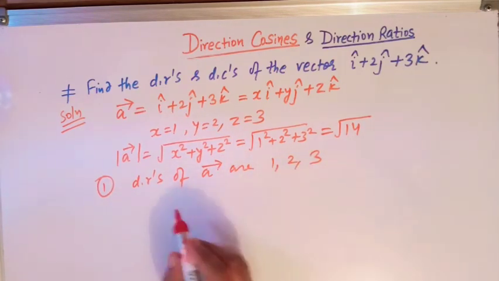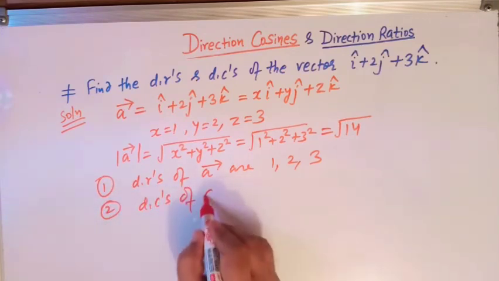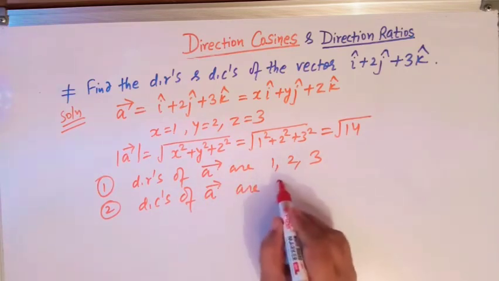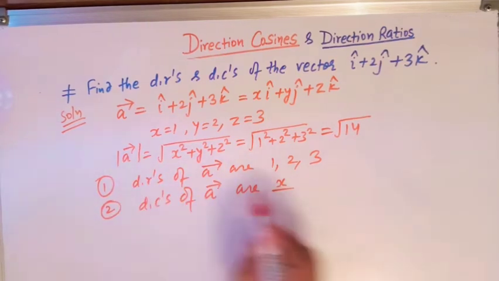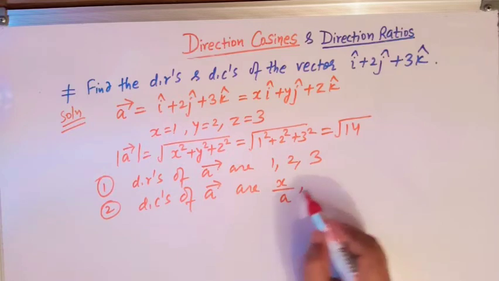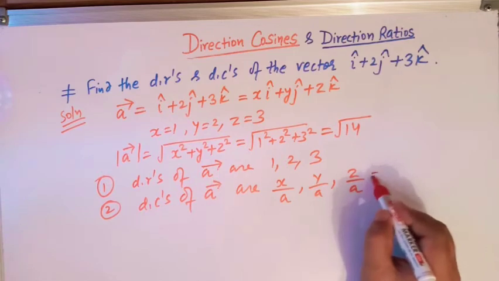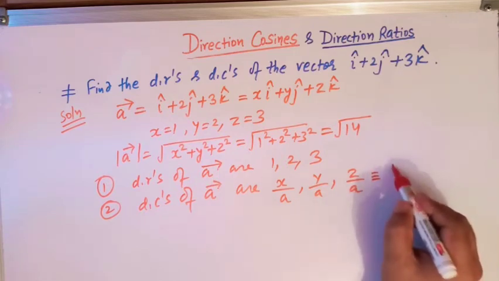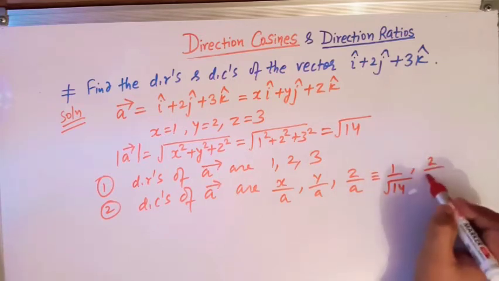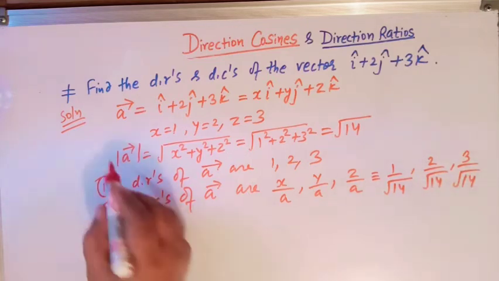These are the DRs, and the DCs of this vector are x by the magnitude of vector A, y by A, and z by A. So x is 1, so 1 over square root of 14, then 2 over square root of 14, and then 3 over square root of 14, right?